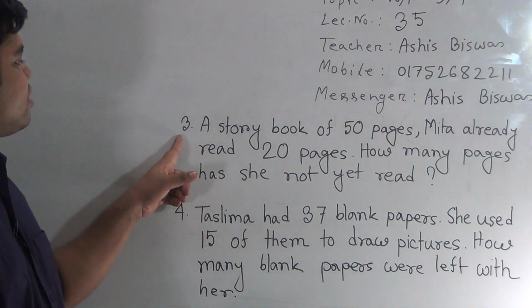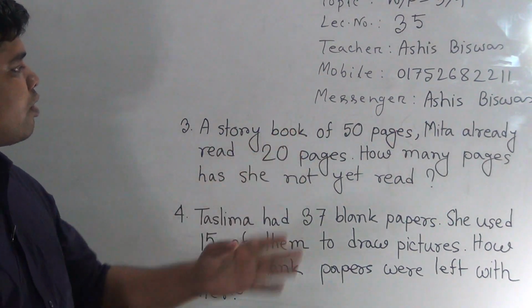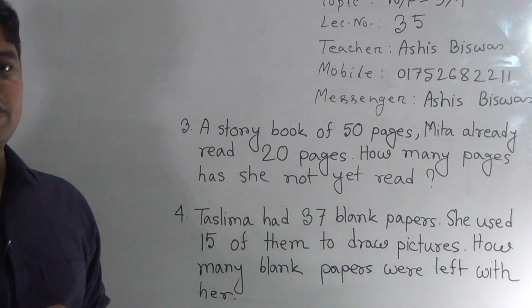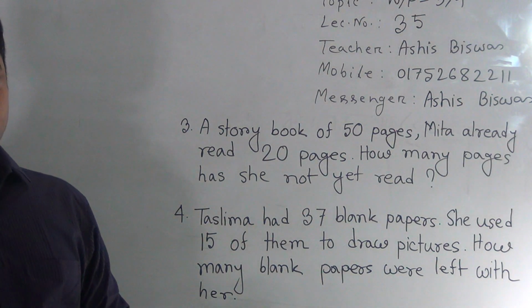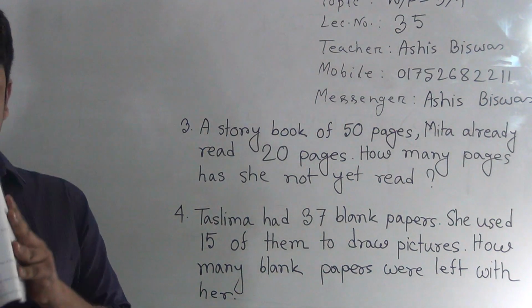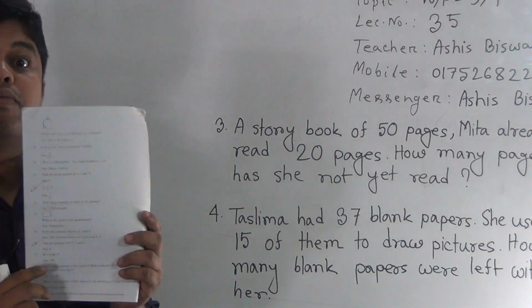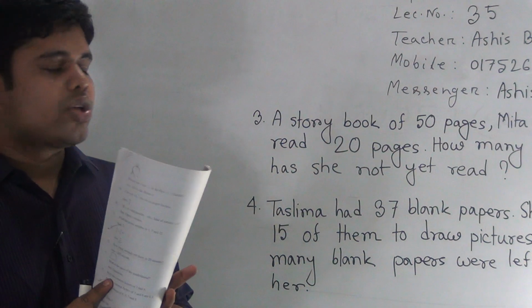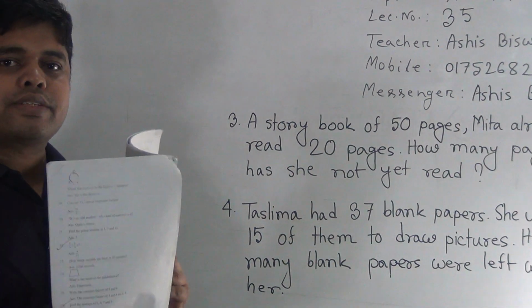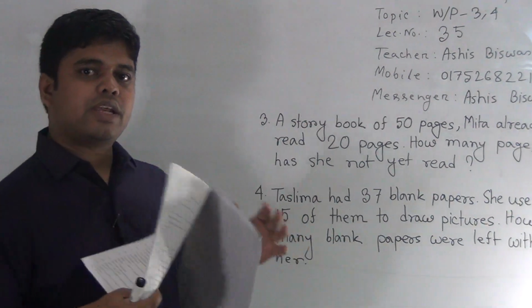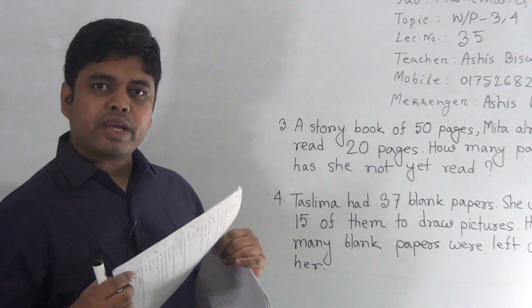Okay, so first one, a story book of 50 pages. That means a story book which has 50 pages. My dear students, suppose this is a book and it contains 50 pages. If I read 40 pages of this book, then how many pages will remain?